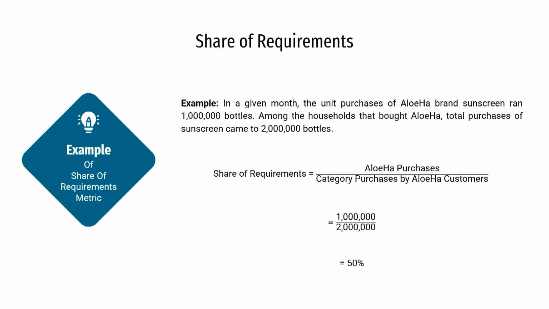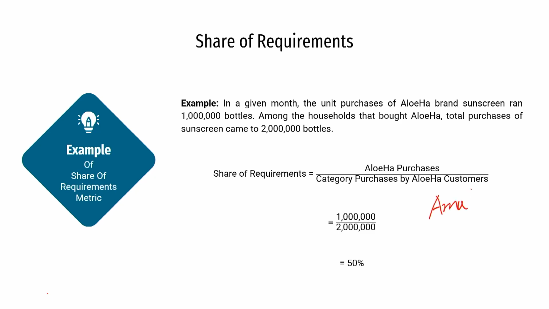Let us also take an example in the Indian context. In a given month, households that bought Amul butter purchased 1,20,000 packets of Amul. These same households bought a total of 2 lakh packets of butter, any brand including Amul. So, what will be the share of requirement? I will just quickly write down the numbers.